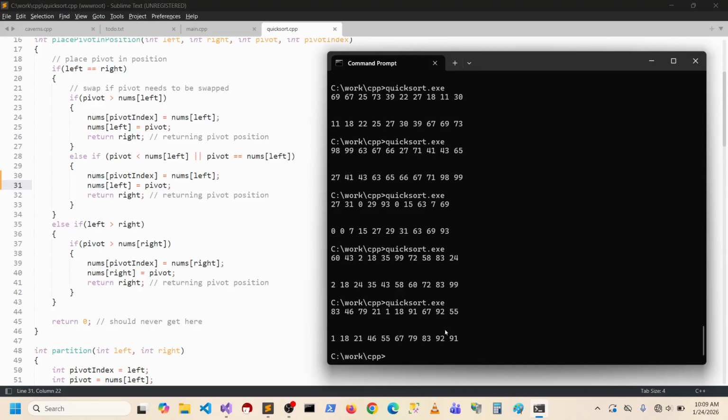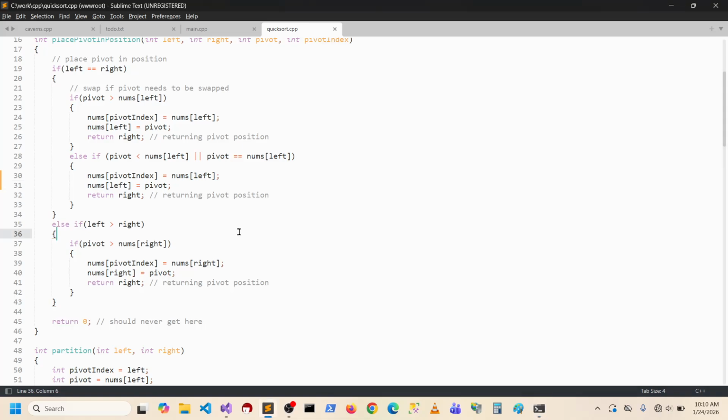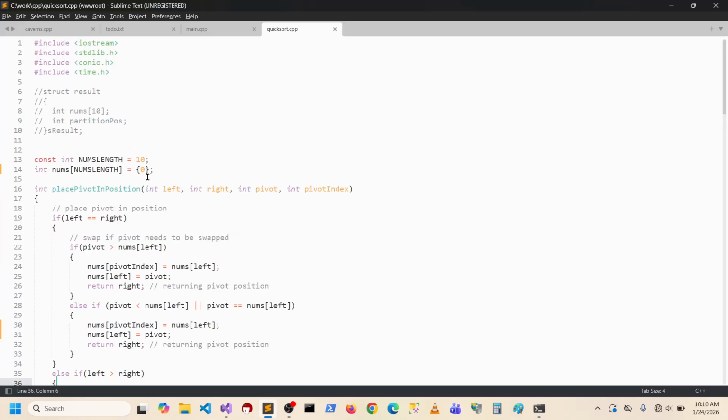Okay, certain ones do that right there. So let's take these numbers because most of it is working. There's an edge case somewhere in here, and I can't see it.